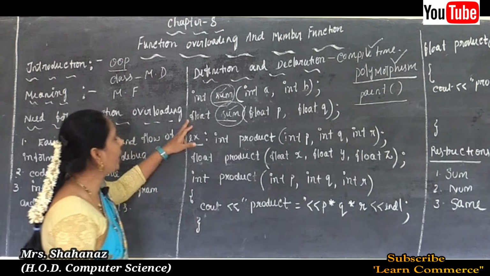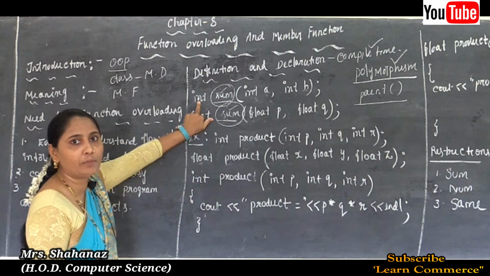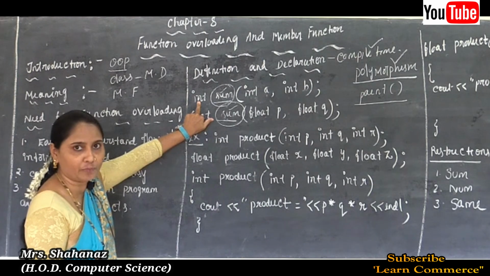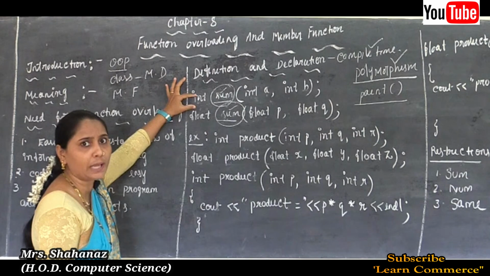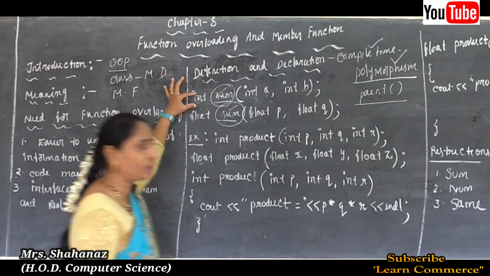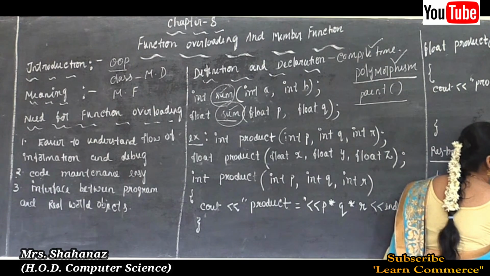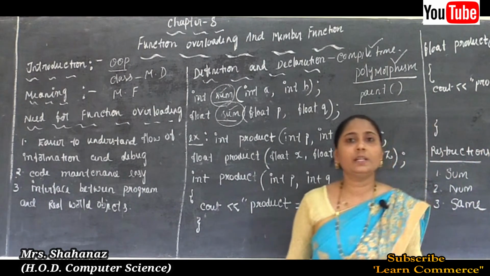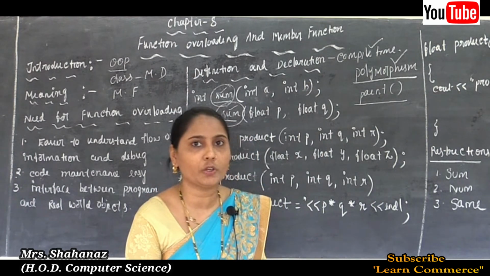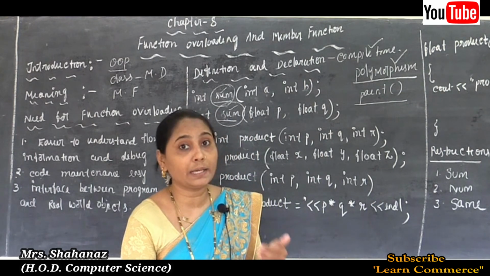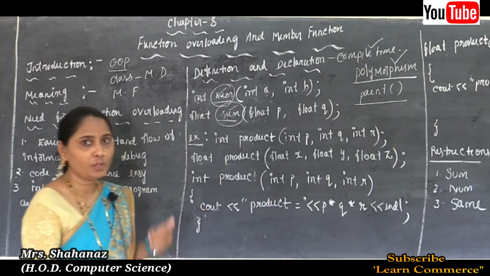While defining any function name, if you are using typedef, here I used int, but instead of int, if you are using typedef here, then it is not considered as a different type. That means if you are using typedef, then we are not using different kinds of data types here. So this is the disadvantage of function overloading.